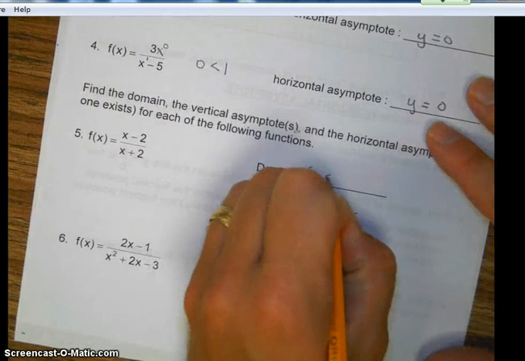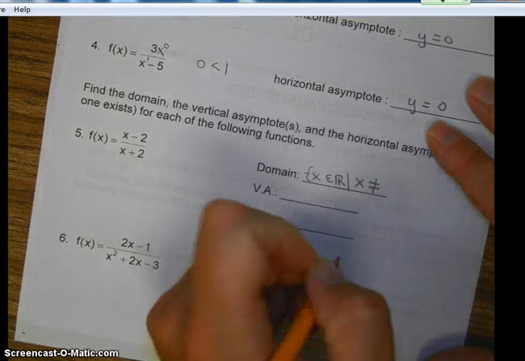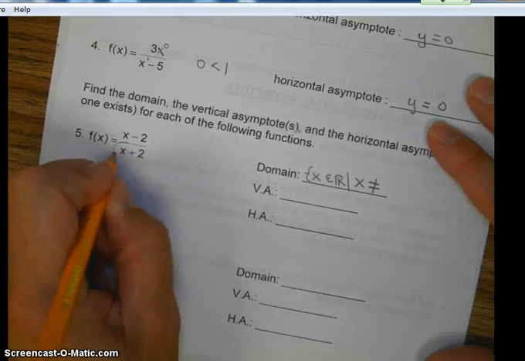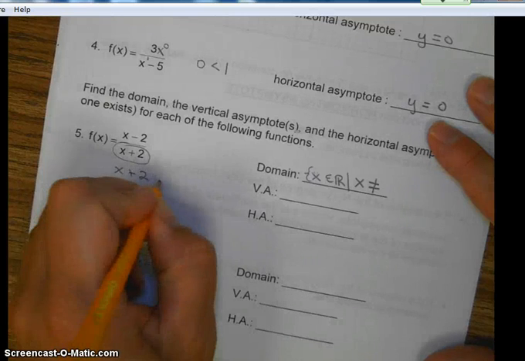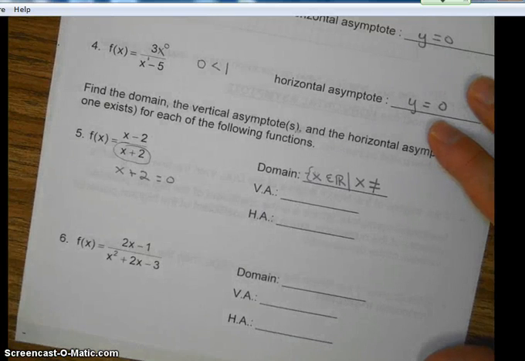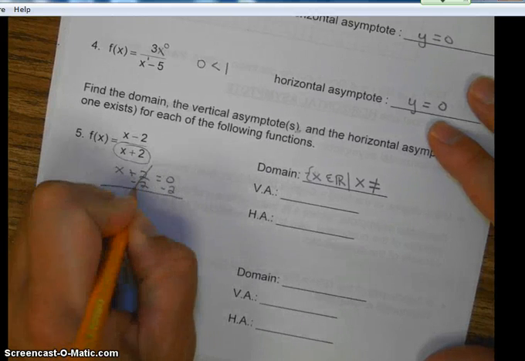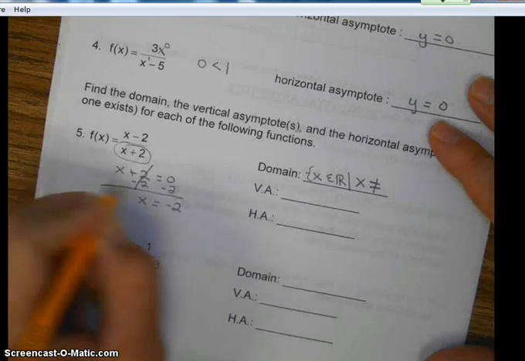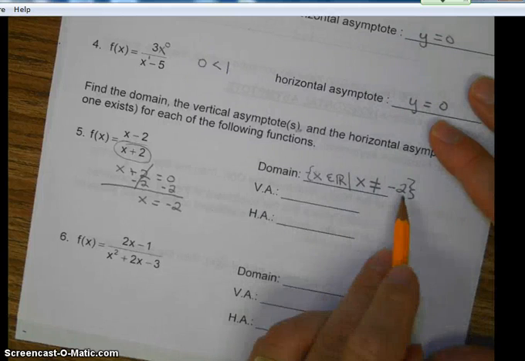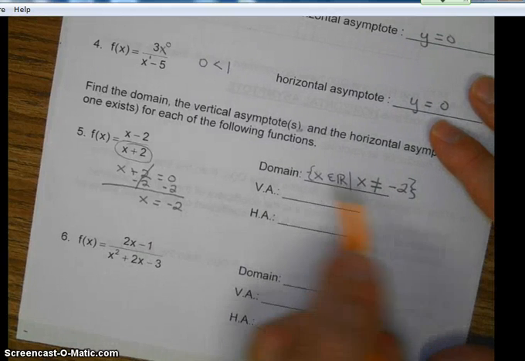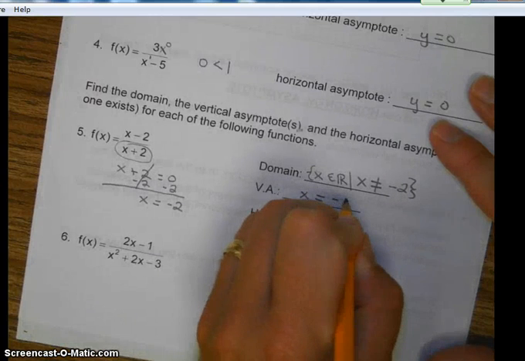So x is an element of all real numbers such that x does not equal, and remember we take that denominator, we set it equal to 0, and solve for x. So x equals -2. So that means we have a vertical asymptote at -2. So the graph does not touch -2, so it is not in the domain. And vertical asymptote, x equals -2.